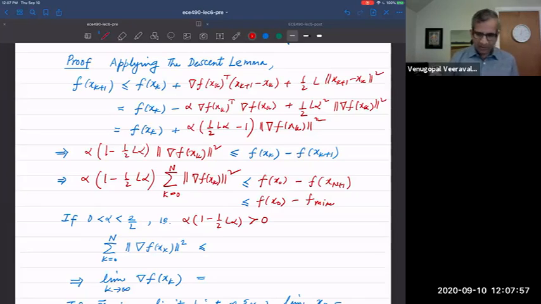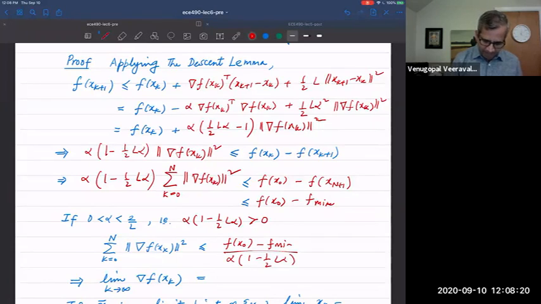Since it's strictly positive, I can divide by that positive number on both sides, and I'll conclude that this is less than f(x0) minus f min, divided by alpha times 1 minus half L alpha, which is finite.